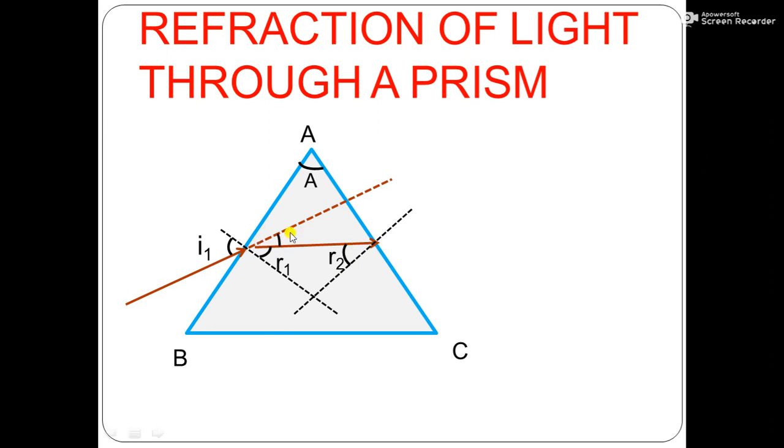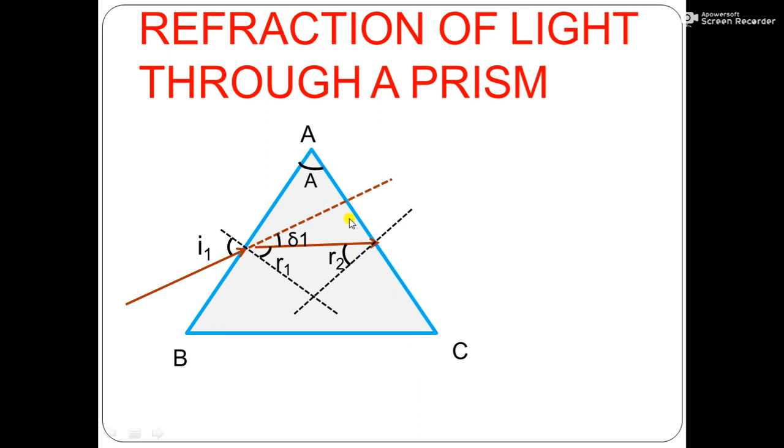And this is the angle of deviation for this incident ray. This incident ray is deviating delta 1 angle, refracting towards the normal and incident on this surface AC.